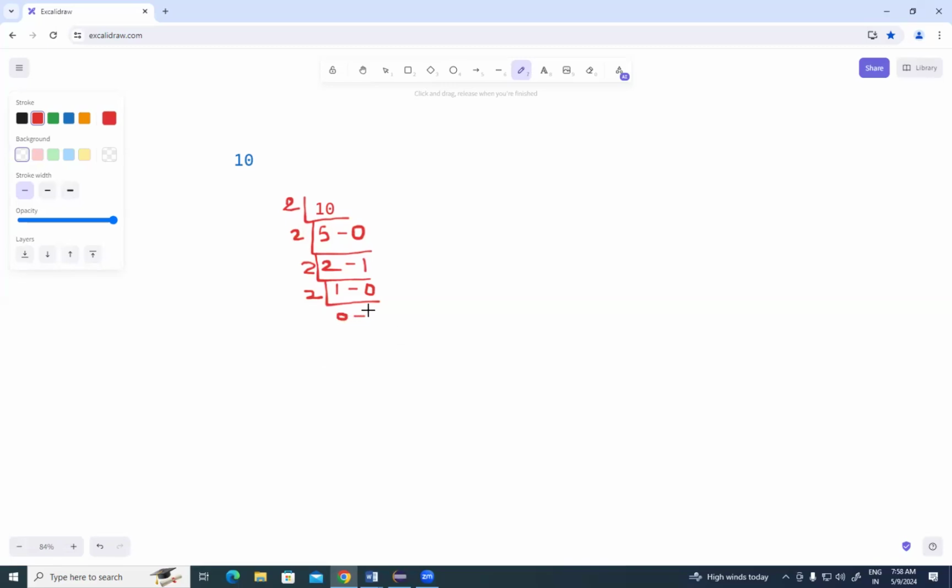What's the remainder? 1 again. Able to follow me? So till you get 0, you divide with 2. Now you got 0 here. After getting 0, take the remainders in the reverse order. Folks, this is the reverse order.